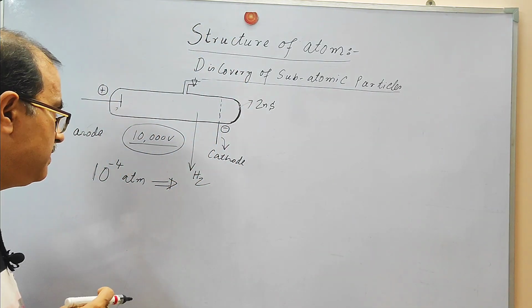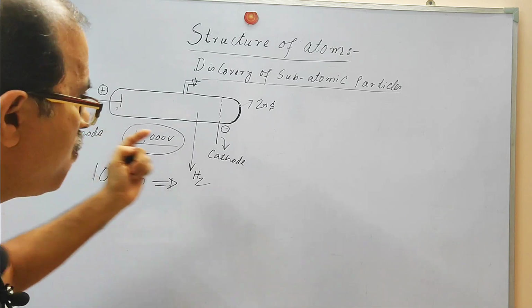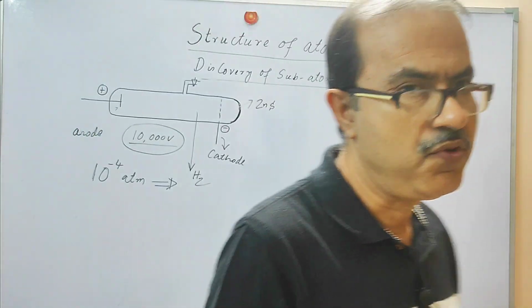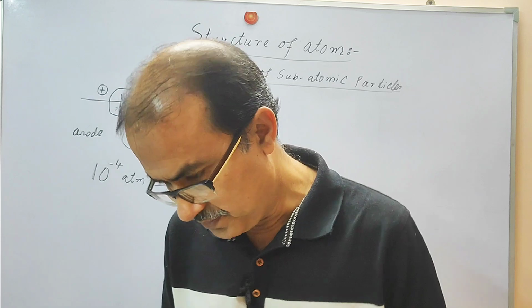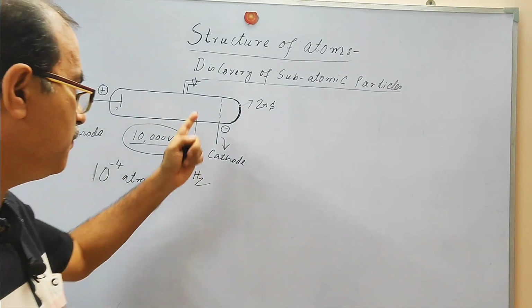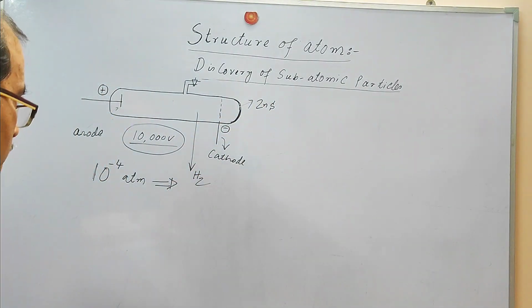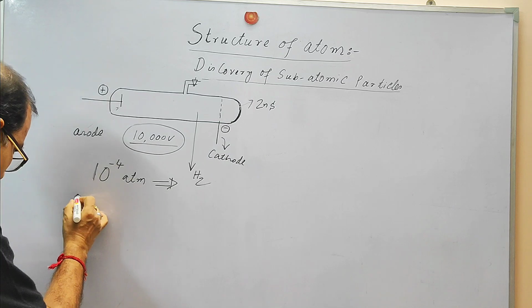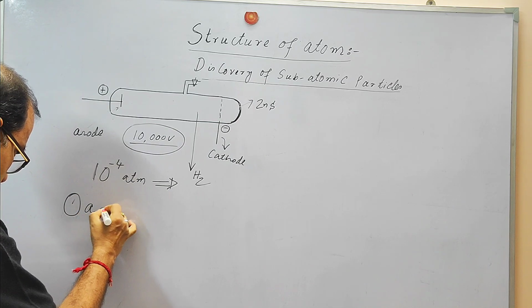So at that time, he found that there is a flow of a ray from the anode to the perforated cathode, and this ray is called the anode ray.